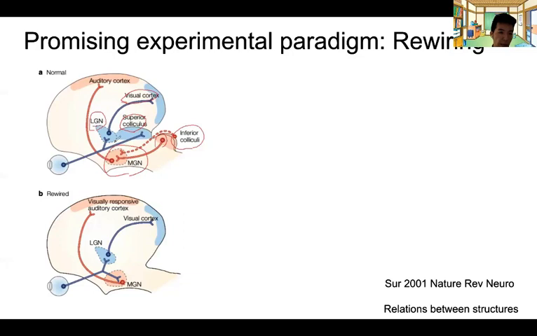So the lateral and the medial geniculate are actually close in distance. And then from MGN, axons go into the auditory cortex, and that generates the auditory cortical areas.